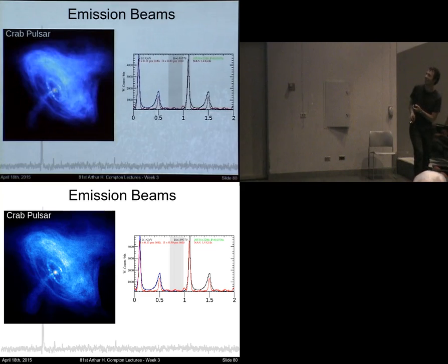So here, as you see, the radio is the red again, and in the Crab we see a pulse and an interpulse, a second pulse, what we believe to be emission from the other pole. And the emission in the gamma rays in this case is quite similar.